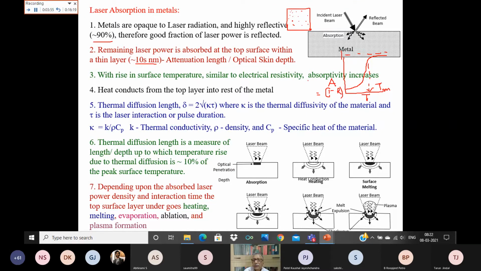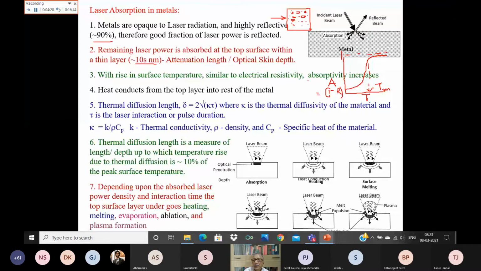When the laser beam is incident, these electrons absorb the laser energy. While colliding among themselves and with the slightly bigger ions, they agitate these ions, which also get heated up, and thereby the material gets heated up.